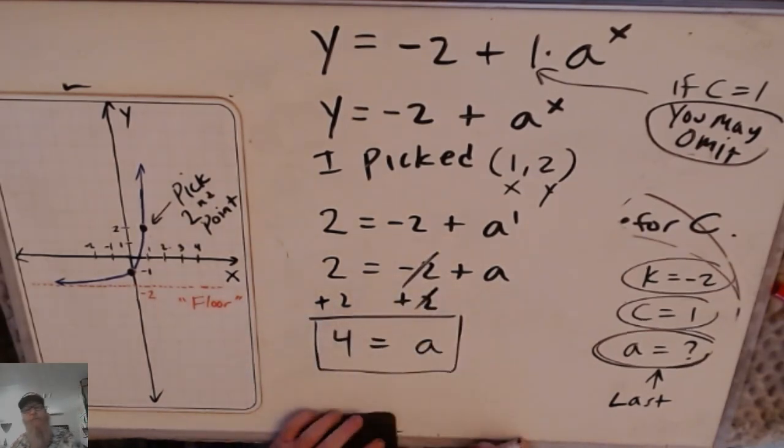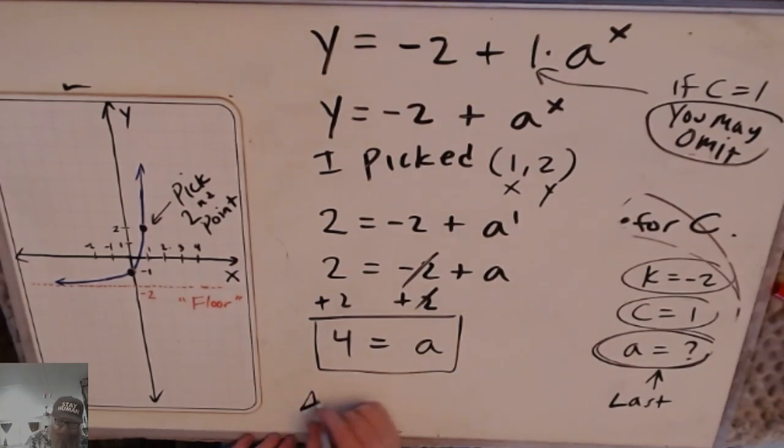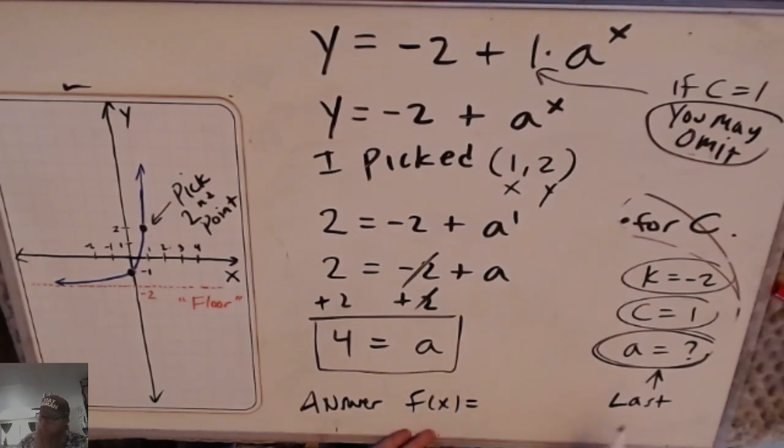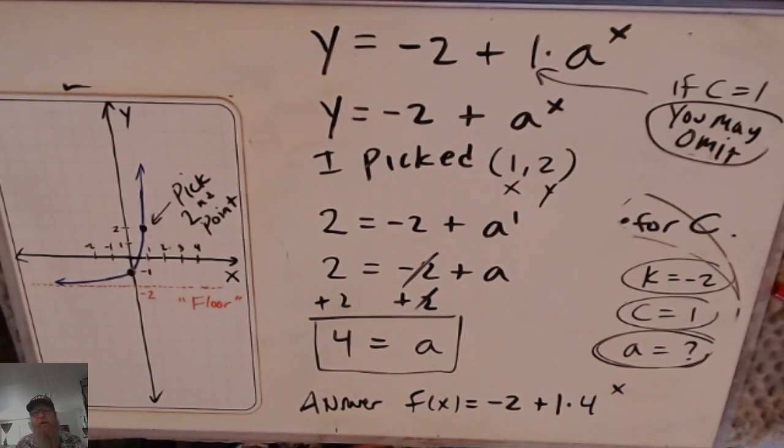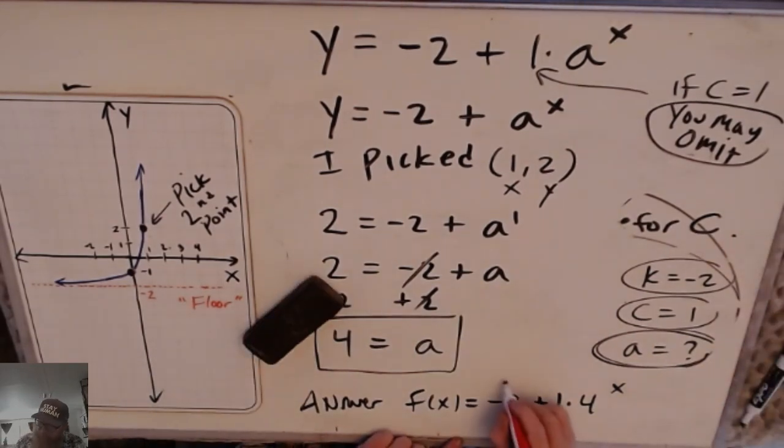And there you go. You got everybody. So your answer, f of x equals k, k was first, plus c times a to the x power. Just to annotate who everybody is.